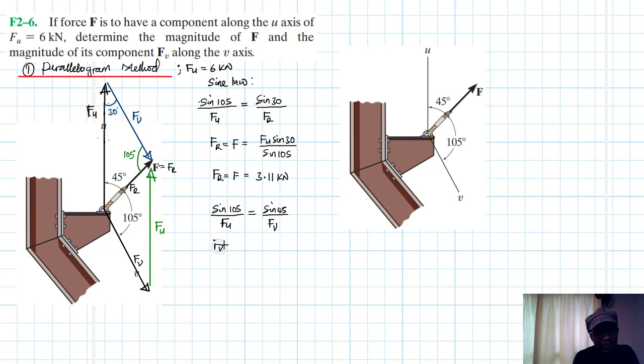Fv therefore is just going to be equal to Fu sine 45 divided by sine 105, which is 6 sine 45 divided by sine 105. So we have 4.39 kilonewtons. We are done with the first one using the first method.